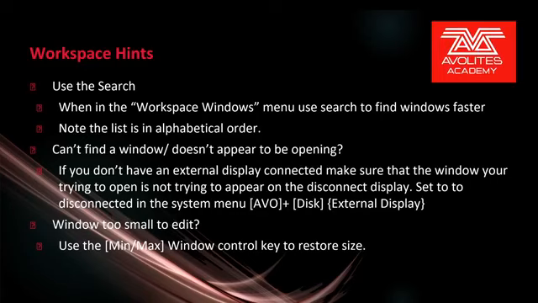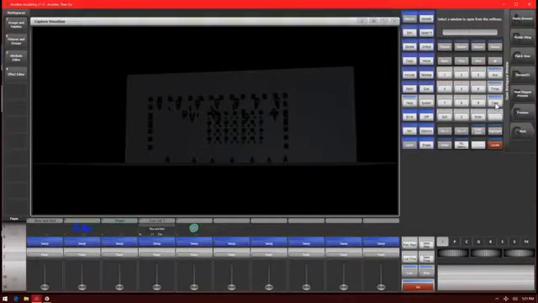If you can't find a window or it doesn't appear to be opening, and you don't have an external display connected, make sure the window you're trying to open is not trying to appear on a disconnected display. Go to the system menu, Avolites plus this on the consoles and the external display. Say we were trying to find our Capture window and it wasn't appearing, even though I kept clicking here to open it.